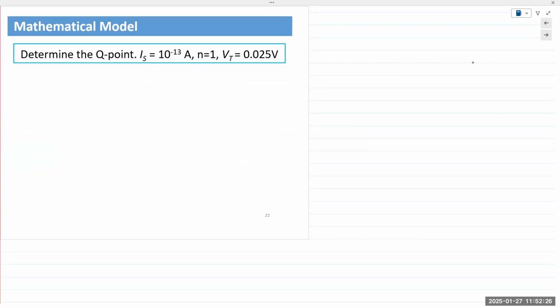So now this is where we'll use the diode equation. So the diode equation is ID is IS times e raised to VD over NVT minus 1.